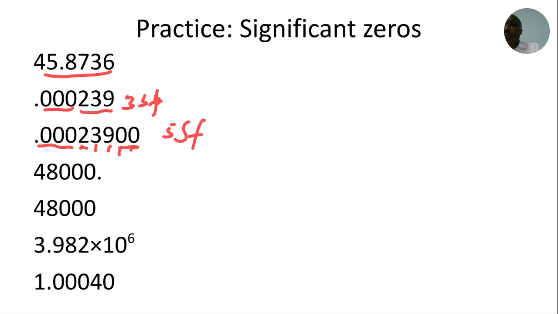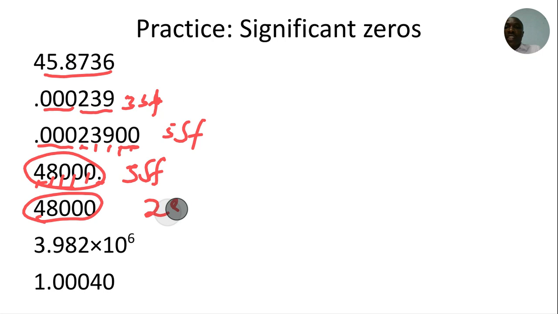Then we have 48000, and we have a decimal point here. So all these numbers are significant. Those are 5 significant numbers. Yet in this other number here, it's only 2 significant numbers or figures. The 000 here, they are not significant.